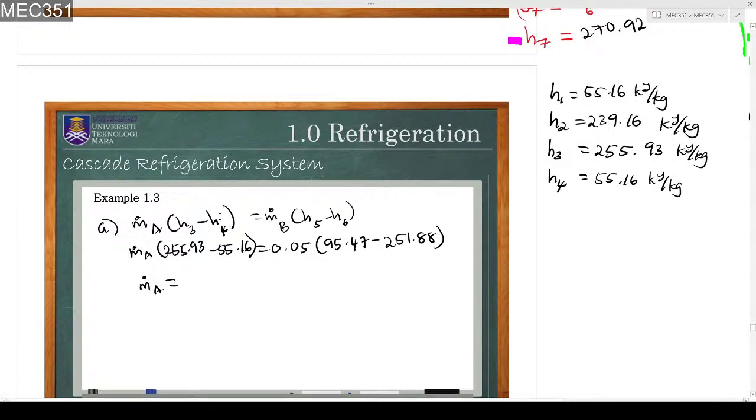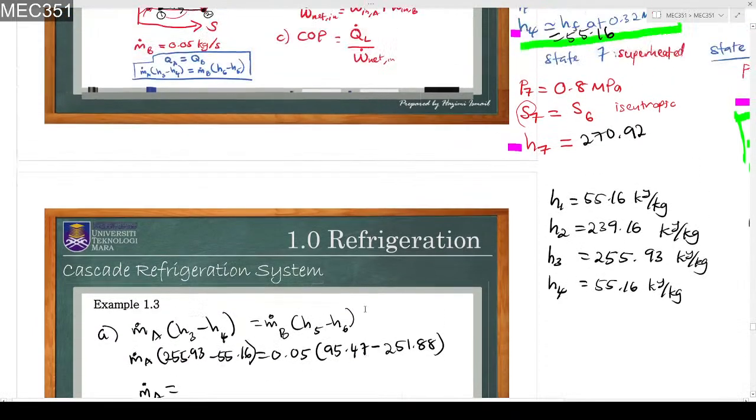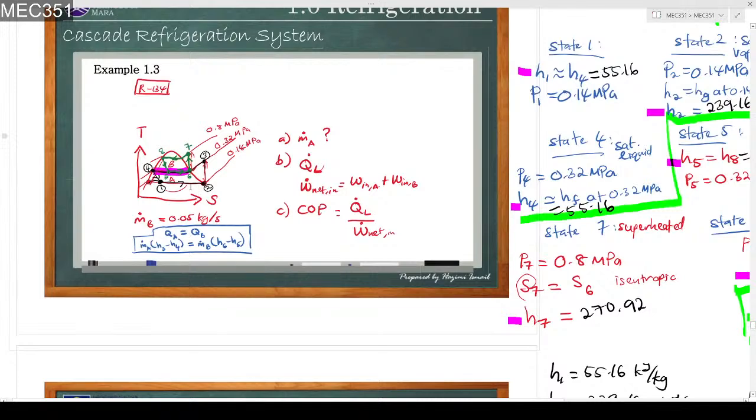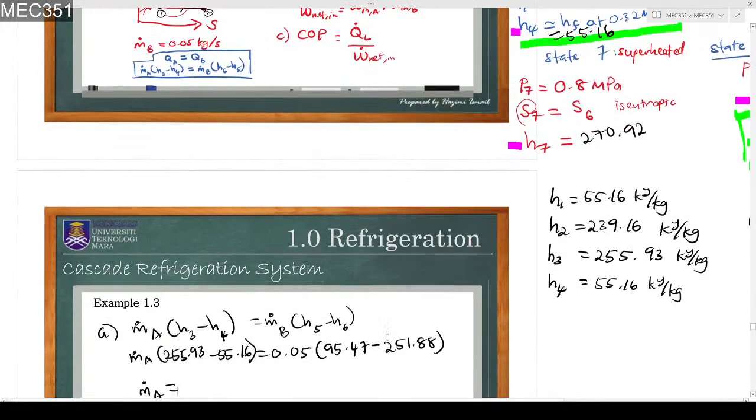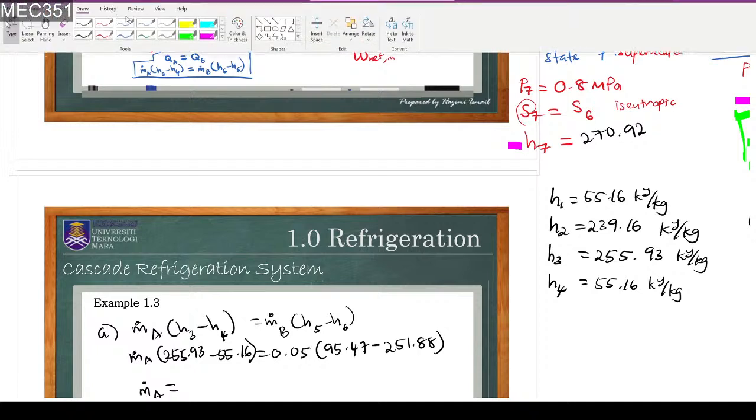Oh, sorry. This is not H5 minus H6, it is H6 minus H5. Sorry, I made a mistake here.